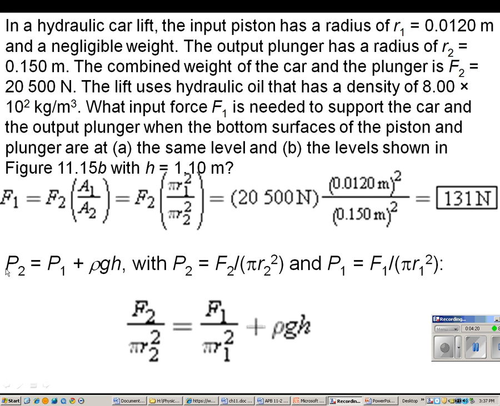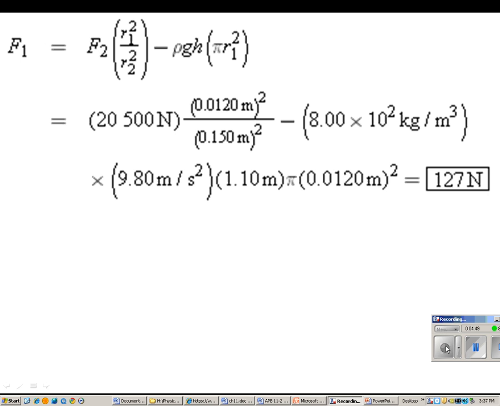So when we use P2 equals P1 plus rho g h, we plug in for P2, F2 over pi r squared equals F1 over pi r squared plus rho g h. So we're taking into account, remember, this is on the left-hand side, the pressure from that small piston plus the pressure from the height of the fluid that gives us our pressure here acting on the car, the 20,500 newtons. This is our force there.